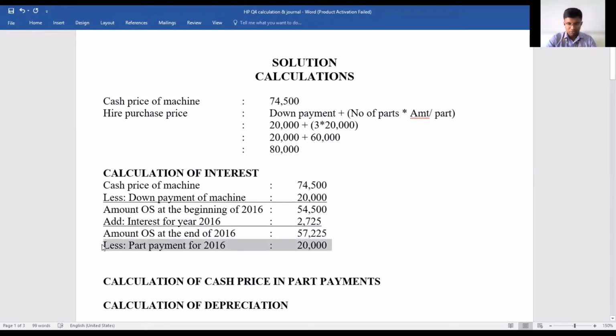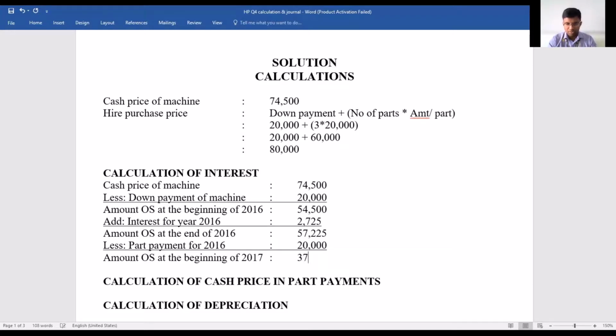Okay, part payment for 2016 we know is 20,000. So from 57,225, when we subtract 20,000, the amount that we are getting is actually the amount outstanding at the beginning of 2017.